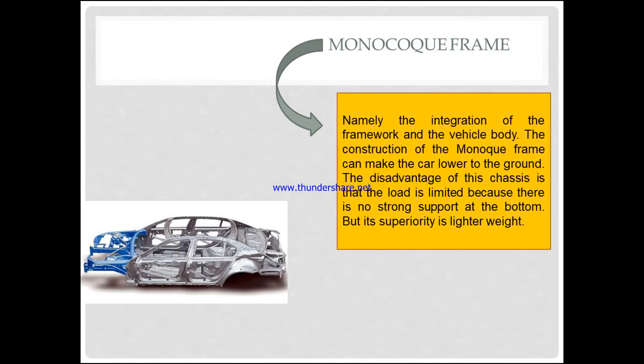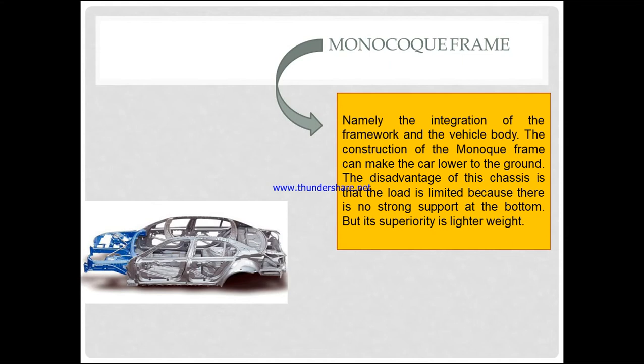Number 2, monocoque frame, namely the integration of the framework and the body. The construction of the monocoque frame can make the car sit lower to the ground. The disadvantage is that the chassis is limited because there is no strong support at the bottom, so its support is weak.